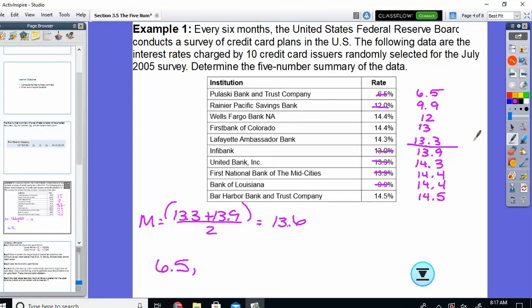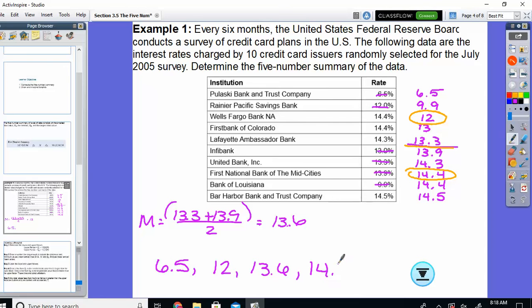Okay. Then your first quartile is the median of the lower half. So here's the middle. So the median of the lower half would be 12. The median of the upper half is 14.4. So I have my minimum. My first quartile is 12. Second quartile is that median.